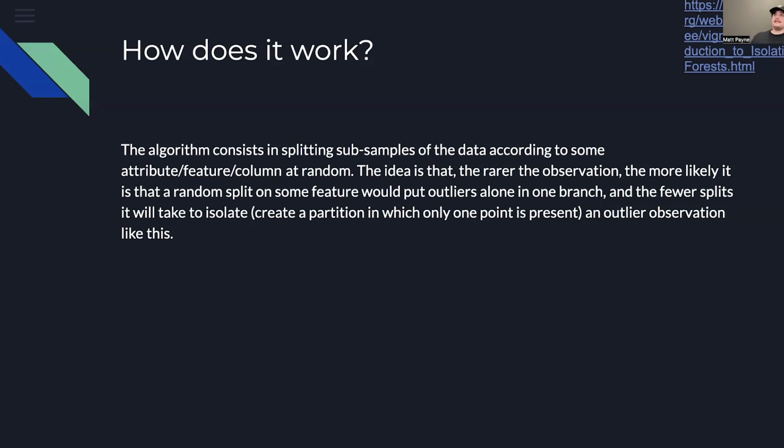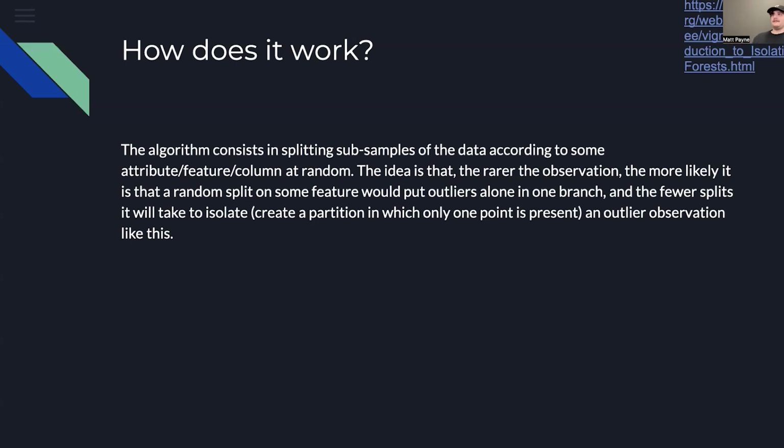But the algorithm consists in sub-splitting sub-samples of the data according to some attribute, feature, or column at random. So you will see that we choose the different columns at random. We choose where to split the data at random as well. That is sort of how we start to partition this data into groups.